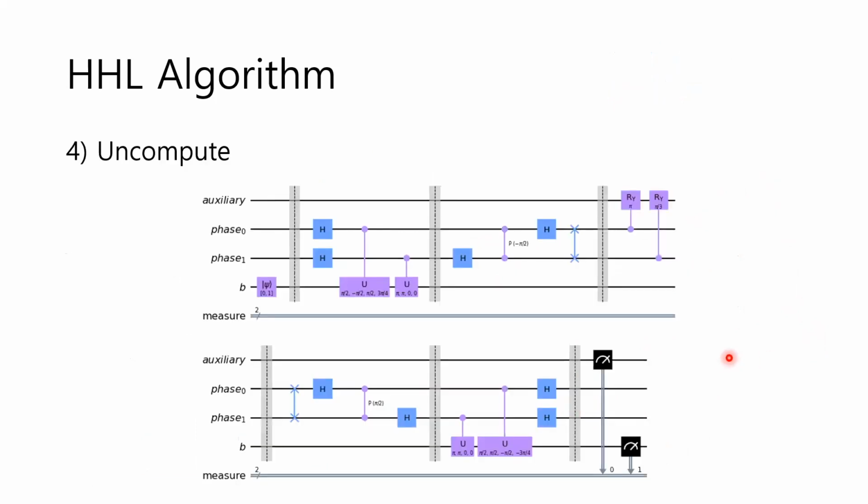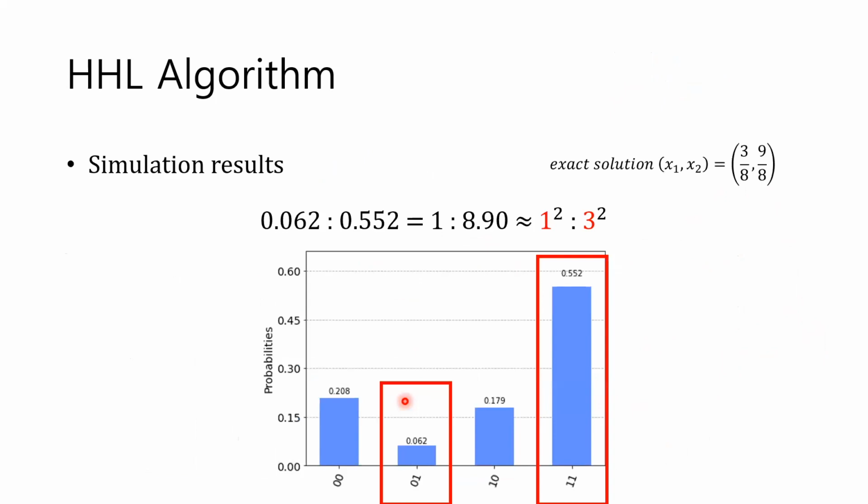Finally, uncompute the unnecessary qubits to get the proper measurement result. And this is the simulation result. If you only consider the case where the ancillary qubit is 1 here, the probability of measuring these two states is approximately a ratio of 1 to 9.